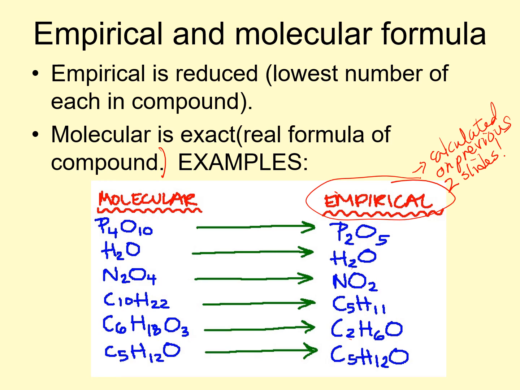This is the real formula. Now, how do we know this? So a substance has a real formula, and then we can get its molar mass from this. An empirical formula would just show us the ratios. All right, so molecular is some multiple of the empirical.